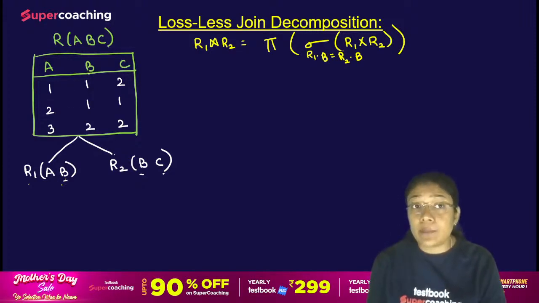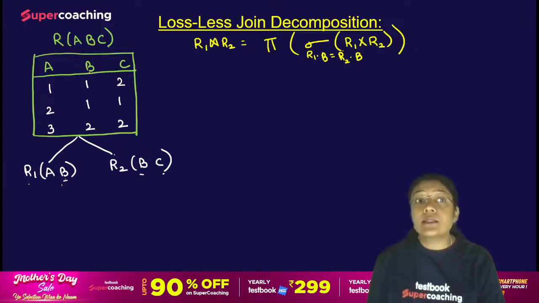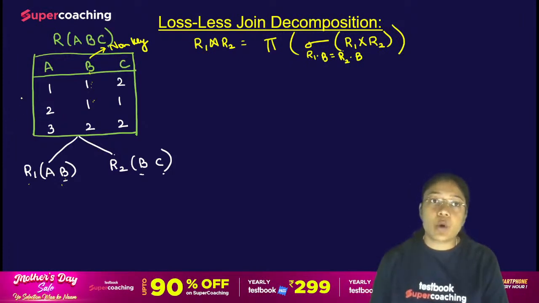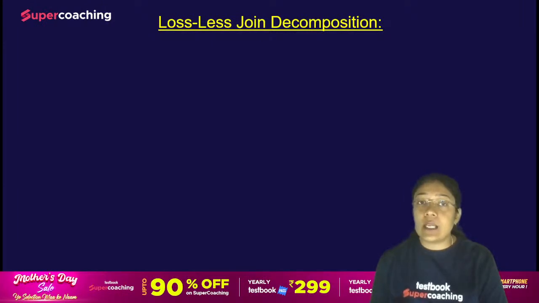For example, I'm considering here B as the common attribute, and this attribute B is not a key attribute, because in a key you do not get the same or duplicate values, but here we have duplicate values. So in this case, I'm considering the non-key as the common attribute, and I'll be considering one more case in which I'll be taking A as the common attribute. Is this clear? Let me write here just to understand the difference.